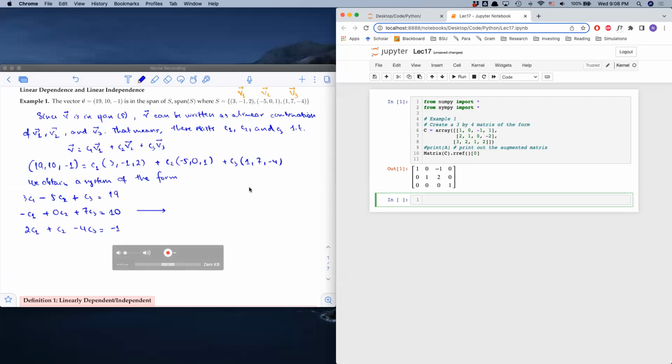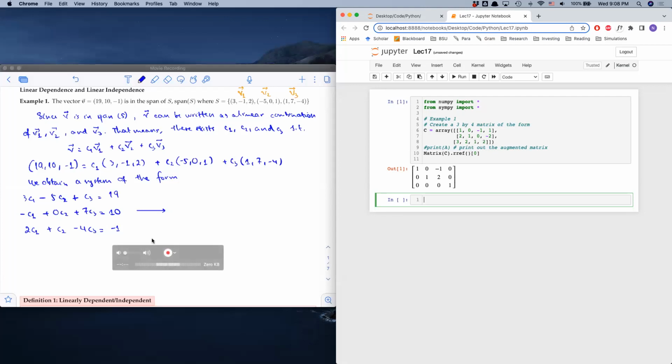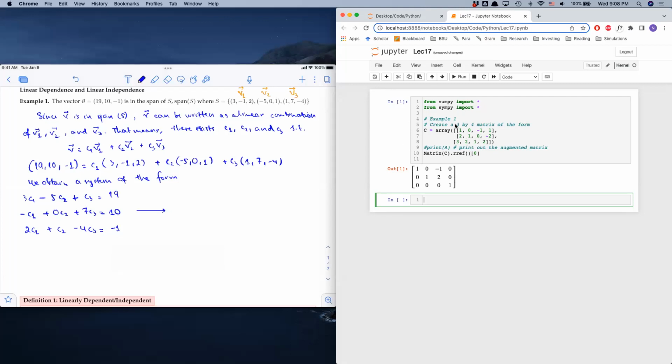Here's the lecture note, here's the code. Hopefully at this point you are familiar with this piece of code. We turn the system into an augmented matrix, put it into Python, and obtain the reduced row echelon form.